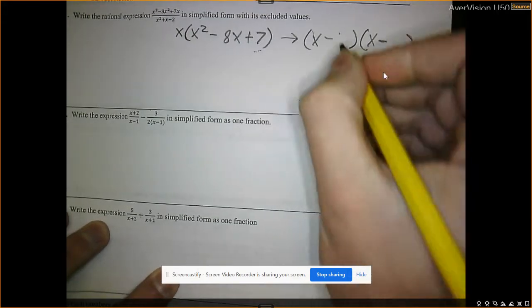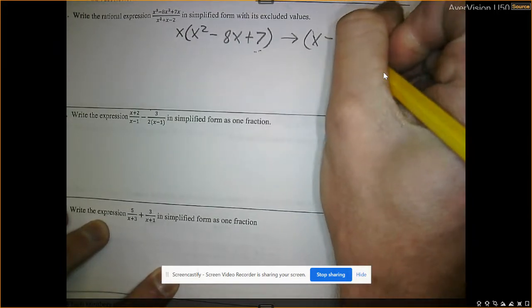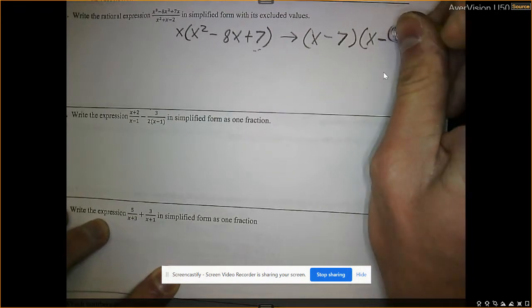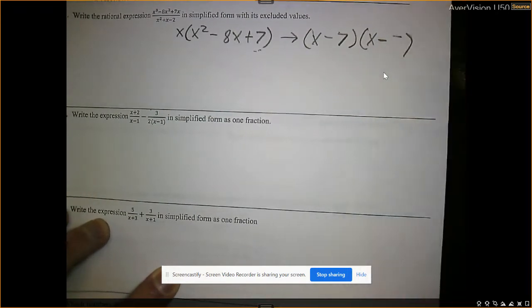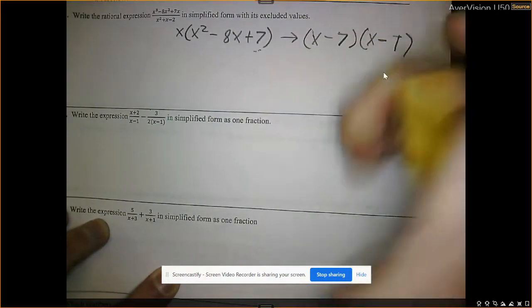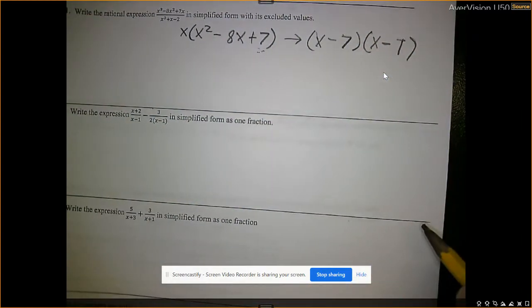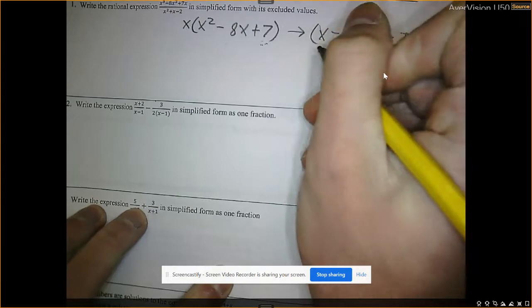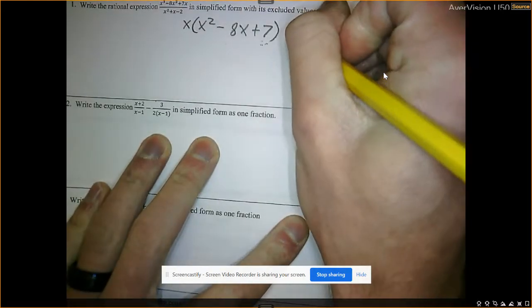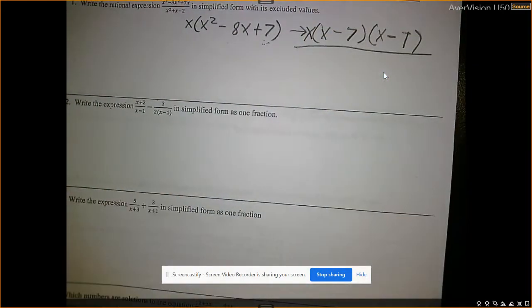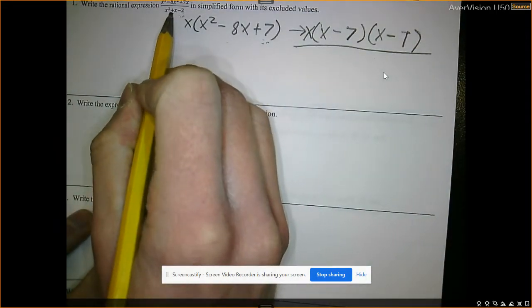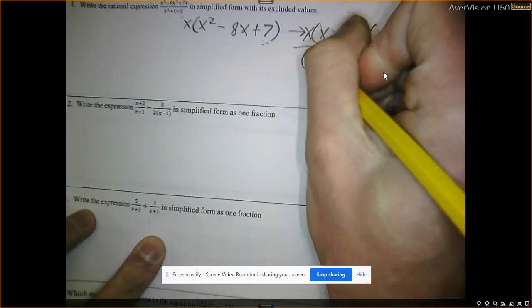So this is going to turn into x minus 7, x minus, oops, supposed to be x minus 1 because -7 times -1 is that positive 7, and -7 plus -1 is -8, and then we still have that x out front. Don't forget about that. Bottom, got two numbers that multiply to -2 and add to 1.